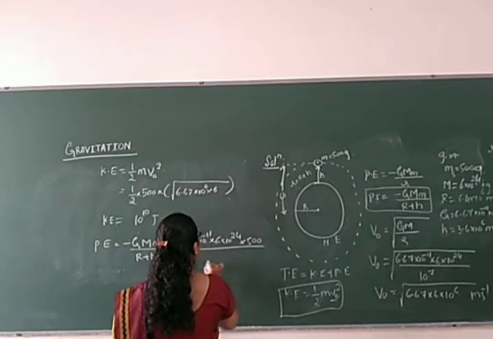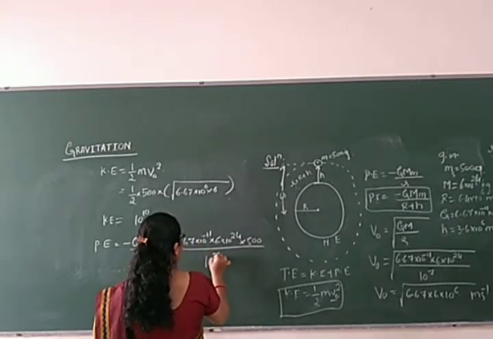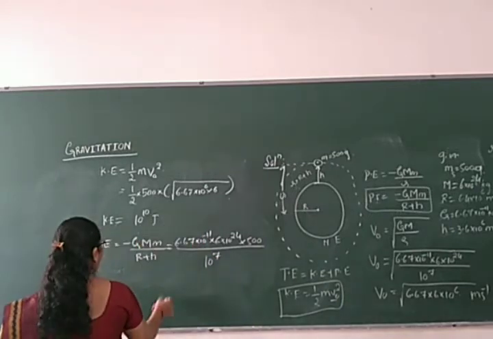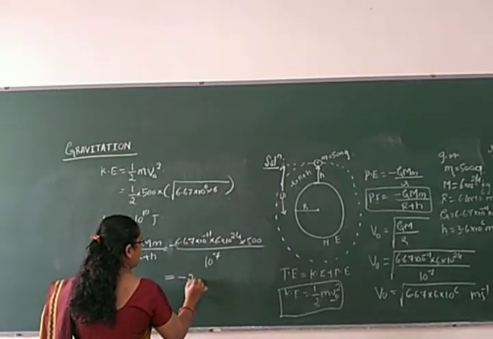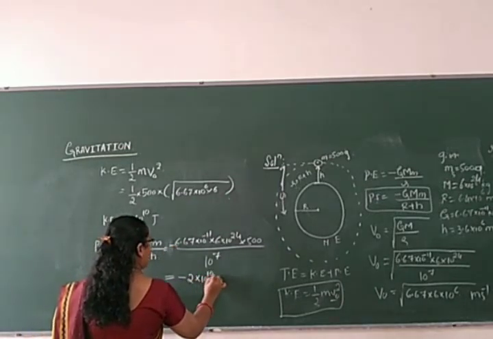So divided by, that is 10 to the power 7 here. So what value are we getting here? We'll take it here as minus 2 into 10 to the power 10 joules.